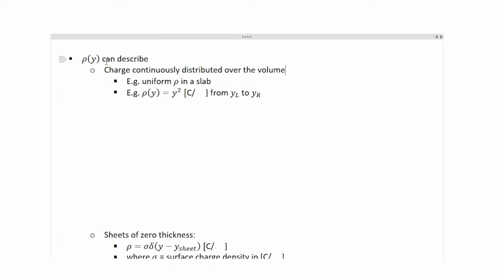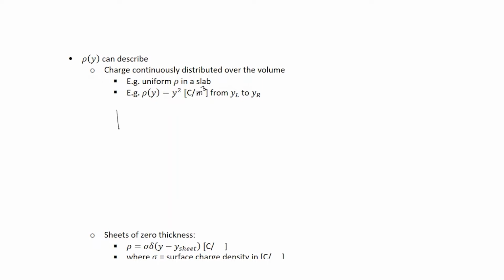So rho of y can describe, for example, a continuously distributed charge over the volume. For example, uniform charge density inside a slab, that's one example. Another example would be rho that is some function like this of y. Rho is measured in coulombs per meter cubed.